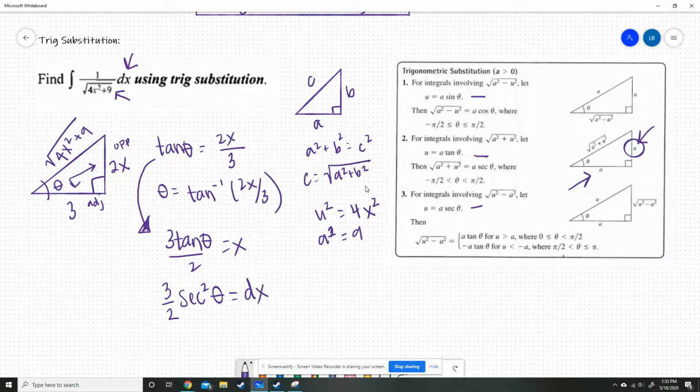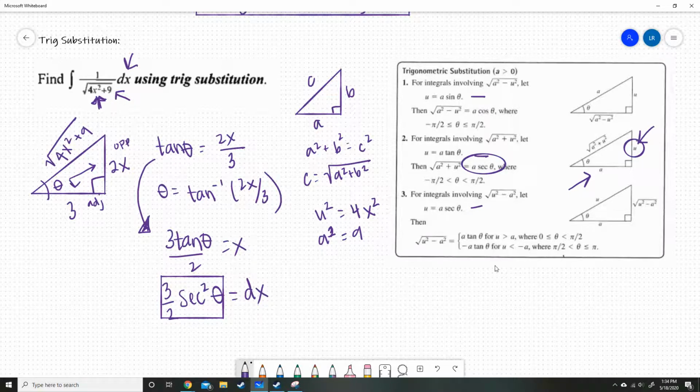That's what dx equals. So I could replace dx with 3 halves secant squared of theta. This rule also tells us that the square root of a squared plus u squared is a times secant of theta. That's helpful because I could replace this whole thing with a times secant of theta.